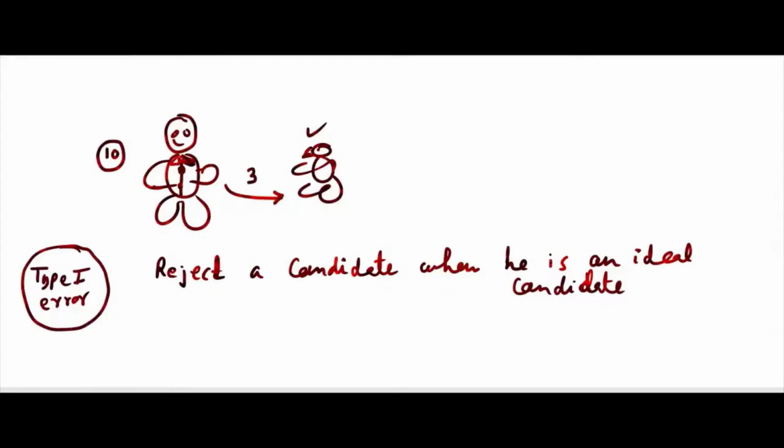When it is true, when the guy I'm interviewing is a very good one, but I'm rejecting him because I have no exact idea. I have to base my idea on the 3 or 5 questions I will ask. On the basis of a sample only, we accept or reject a hypothesis.